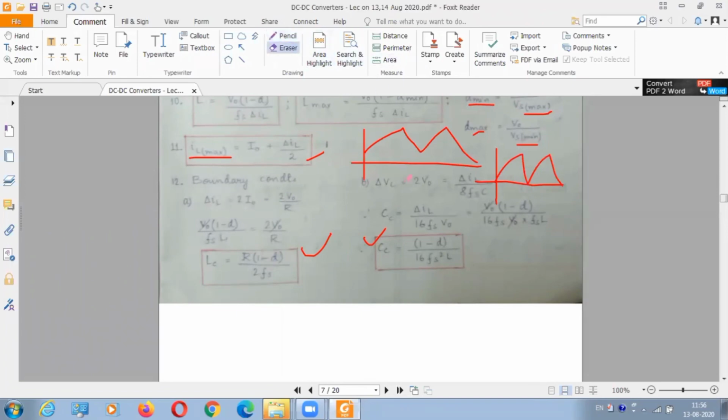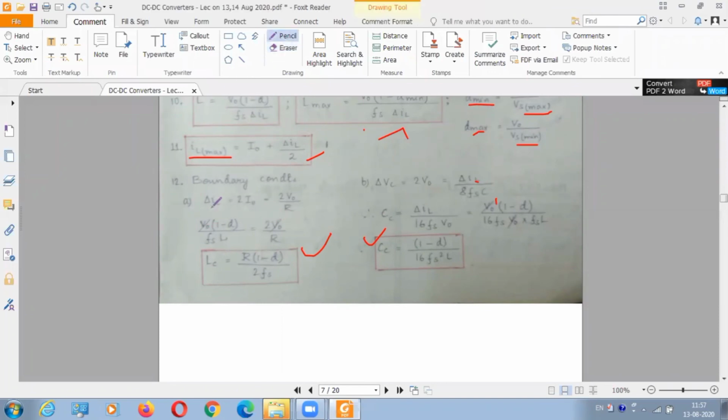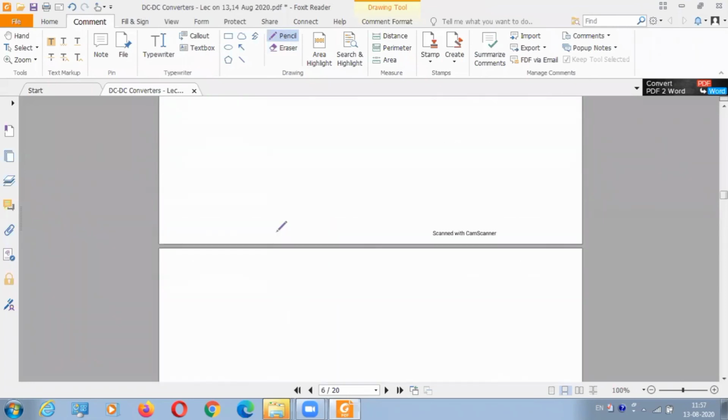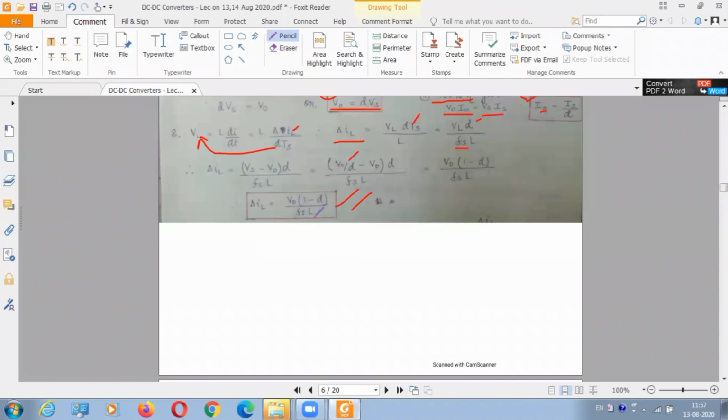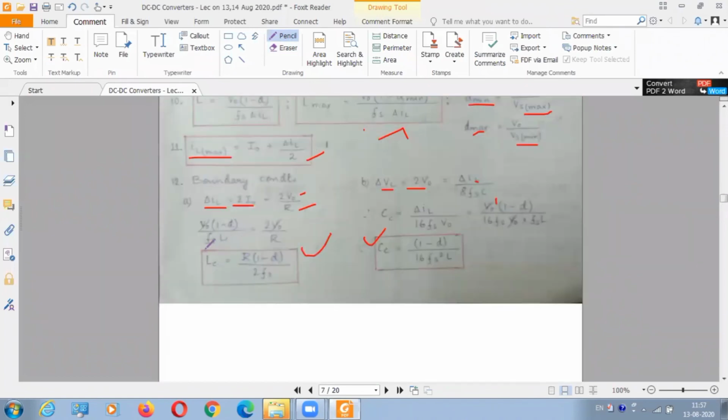We have two boundary conditions which you should remember, for voltage and current, because there are two energy storing elements creating your transients, L and C. So for the inductor, the boundary condition should be in terms of current, and for the capacitor, in terms of voltage. That boundary condition is del IL equal to 2 I naught, 2 times your average value, and del VC equal to 2 times V naught. I naught can be written as V naught by R, and then you substitute your del IL. Del IL we have already calculated as V naught 1 minus D by FSL. Substitute it and find your value of L.